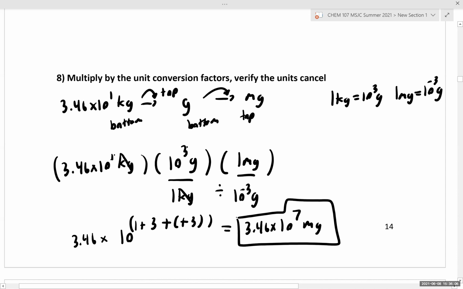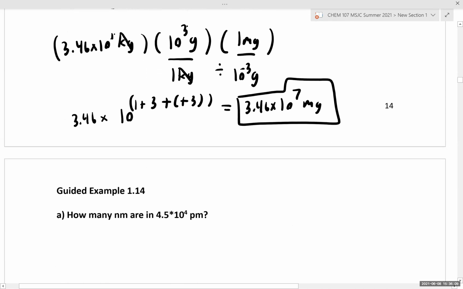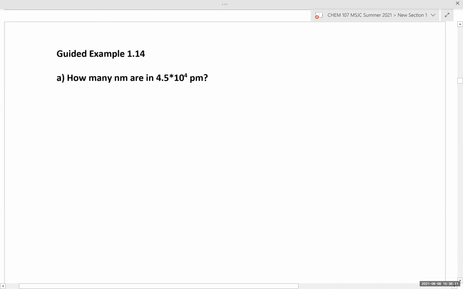So let's do one more representative example. In this case, we're asked how many nanometers are in 4.5 times 10 to the fourth picometer. So if we have 4.5 times 10 to the fourth picometer, that's our starting unit. We're trying to go from picometer to nanometer.